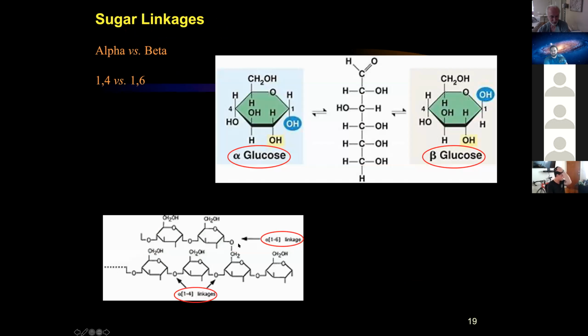Here you can see that 1,6 is at the branch point, whereas 1,4 linkages are within a chain. You can also see on the top that anything past the branch point has gone back to an alpha 1,4. So you've got a branch and then another straight chain.